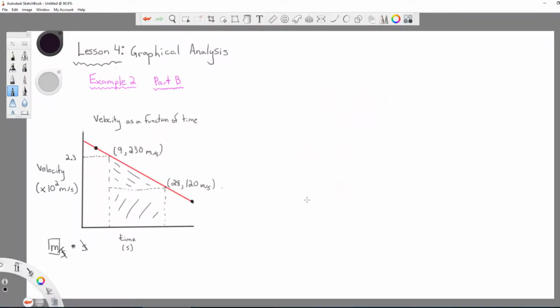Well, we can just use geometric formulas for this. So let's say that the area for these is going to be equal to, let's do the rectangle first, length times width, plus, this is going to be length times width, or base times height. I'm going to do, again, length times width of this, but divided by 2 because it's a triangle. All right, if we want to plug some values into here, what do we need?